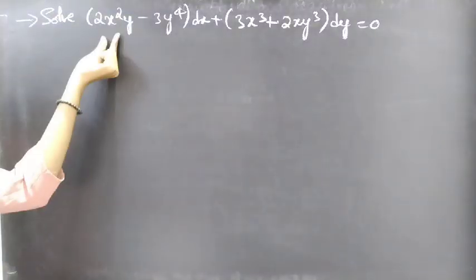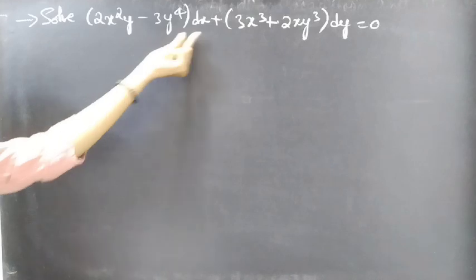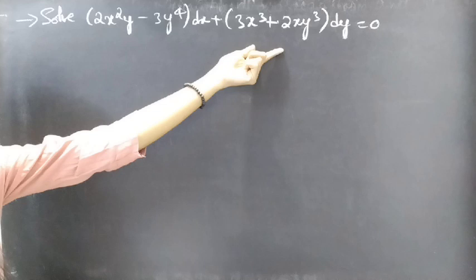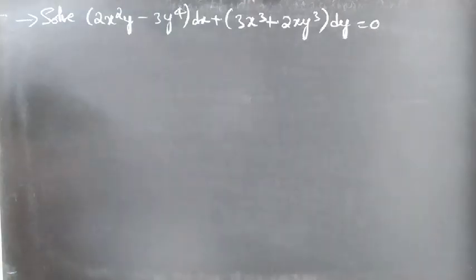Problem: solve (2x square y minus 3y power 4) dx plus (3x cube plus 2xy cube) dy equal to 0.